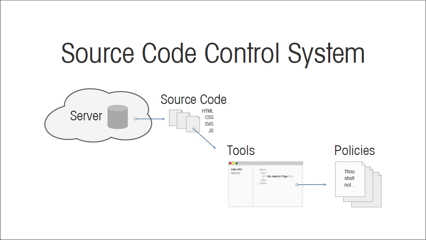If we wanted to stamp something as version 1.0, we have a naming convention for that. So we have a lot of policies that govern how to use the source code control system, and that's as important as the tools, because if everybody uses their own system, you're really not a cohesive team. So you need to come up with some kind of policies.